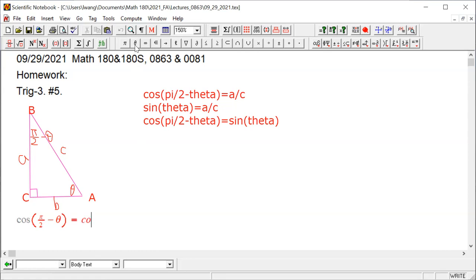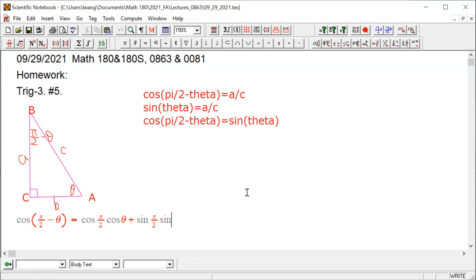You said you use cosine pi over 2 multiplied by cosine theta, right? Yeah. Plus, is that what you did? Yeah. That's okay too. You should get it too.